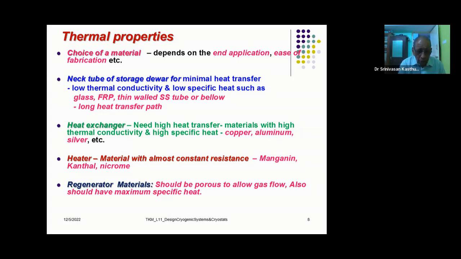Materials suitable for this purpose are, for example, manganin, Kanthal, nichrome, etc. If I have to make a regenerator, the regenerator should be porous to allow the gas flow and also should have the maximum specific heat.